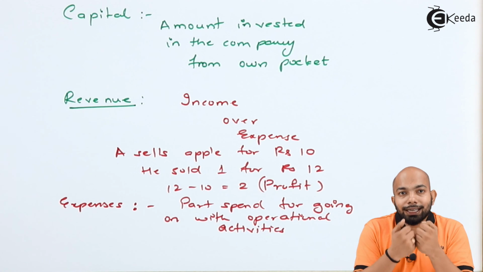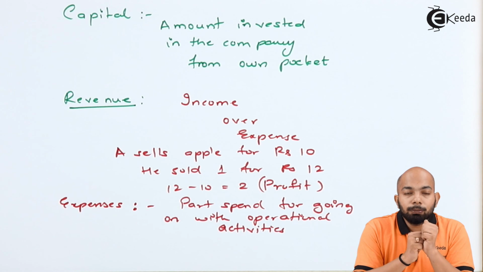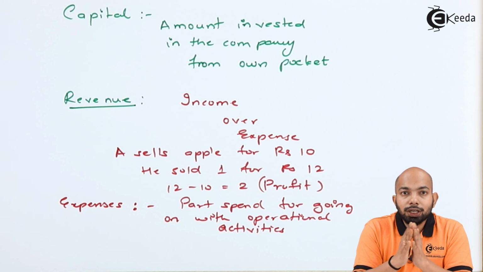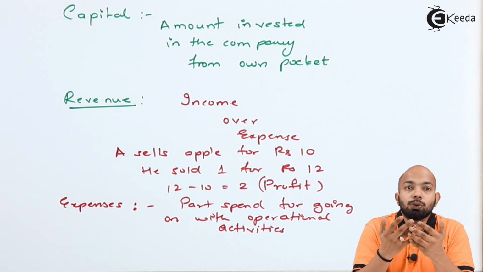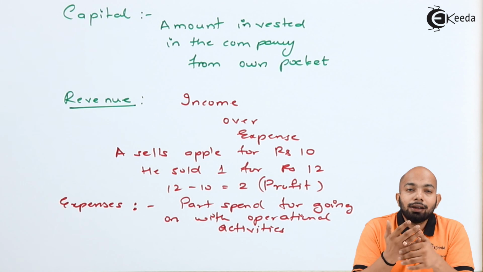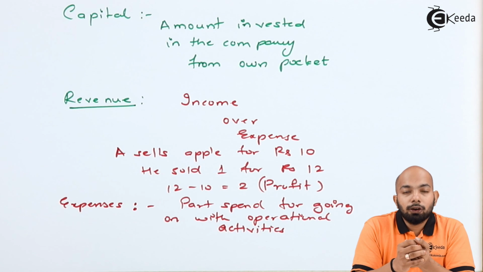Now, the profit is the later part of it. Expenses are a part of giving out money so that production can start, the cost of goods can be procured, and further that specific good can be sold to generate income and ensure that the profit is a part of it.